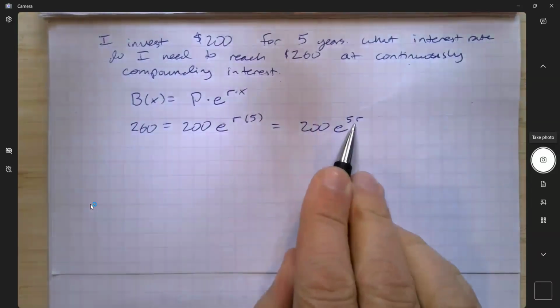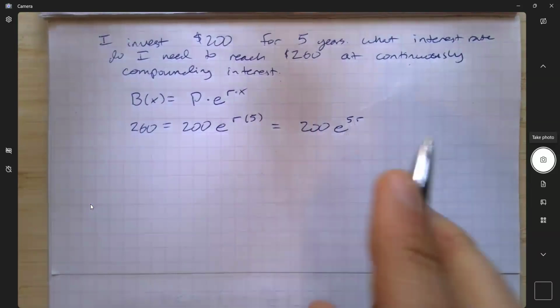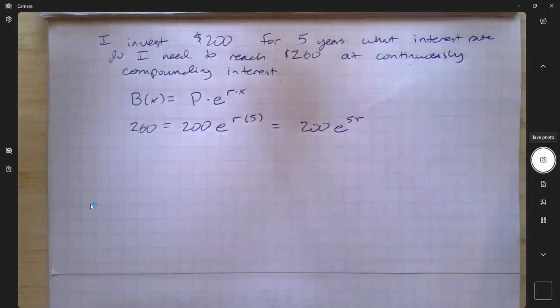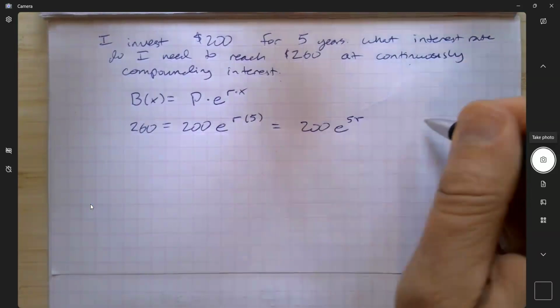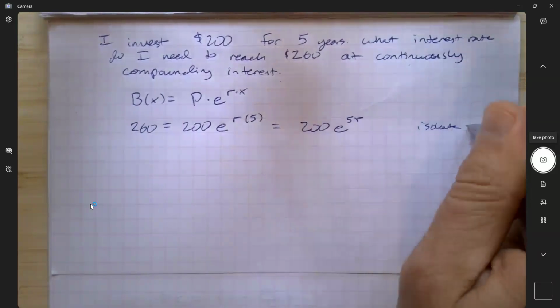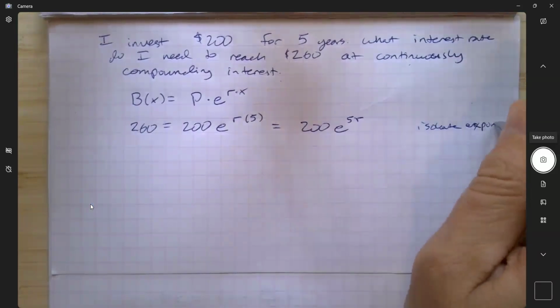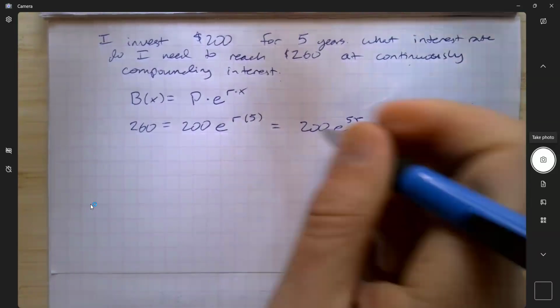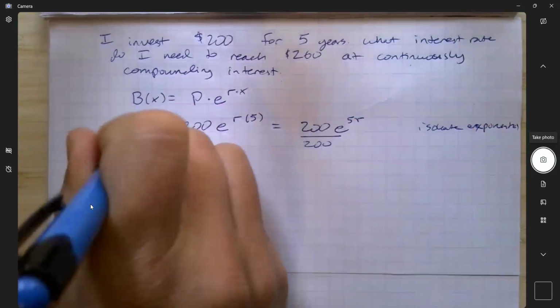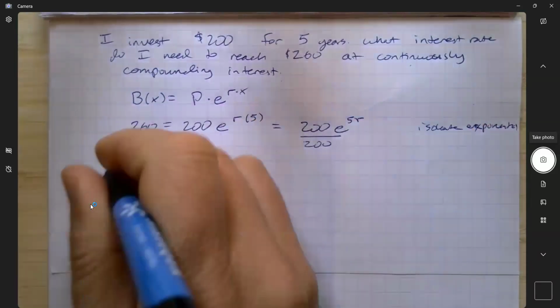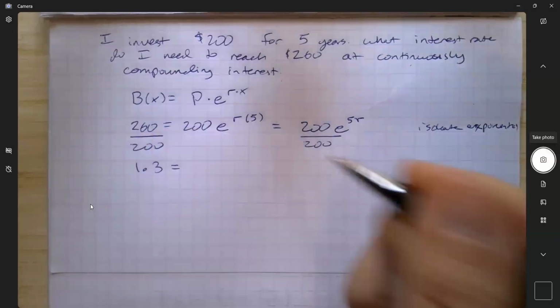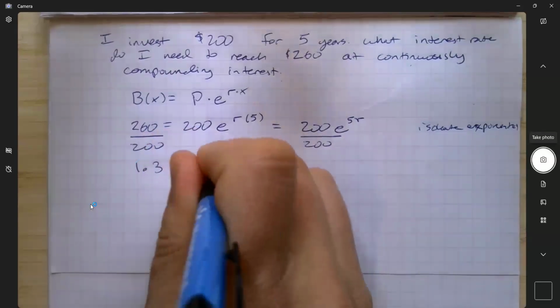Aha, to solve this, I have an exponential equation because the r is trapped in the exponent. So I first isolate the exponential, divide both sides by 200. I get 1.3 equals e to the 5r.